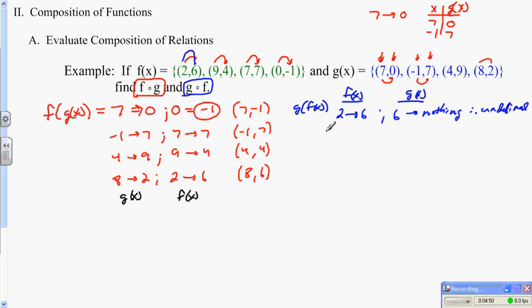So let's try a different one. A 9 gives you a 4 in the f function, and a 4 gives you a 9. So 9 ends in a 9. 7 gives you a 7. And a 7 gives you a 0.